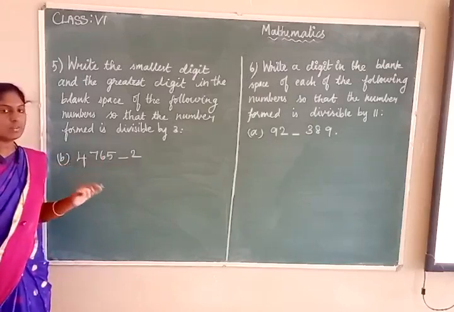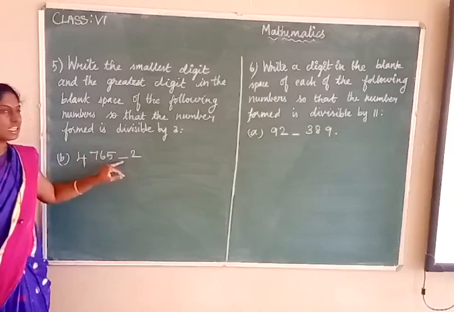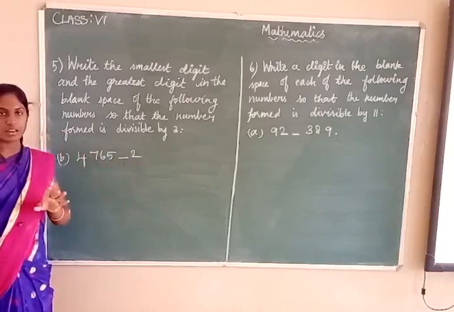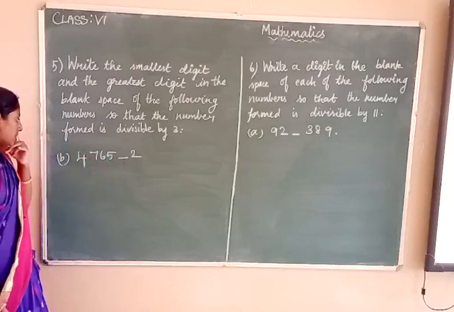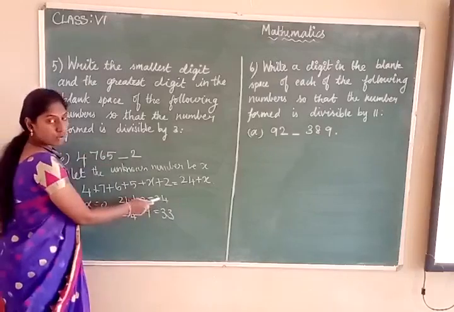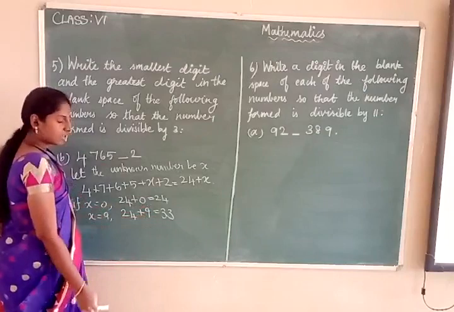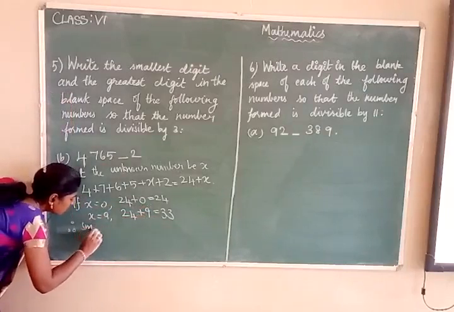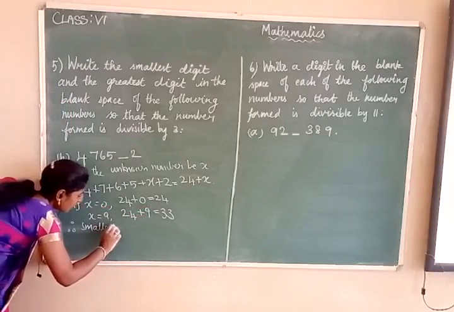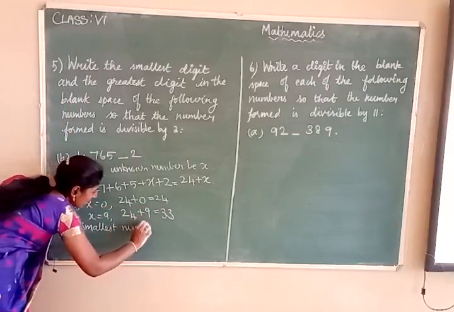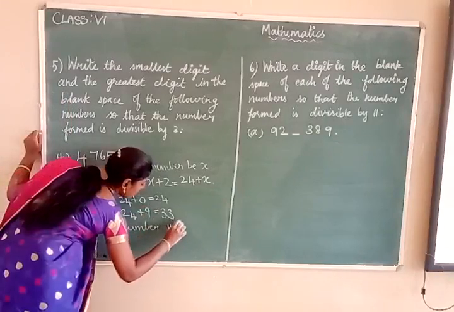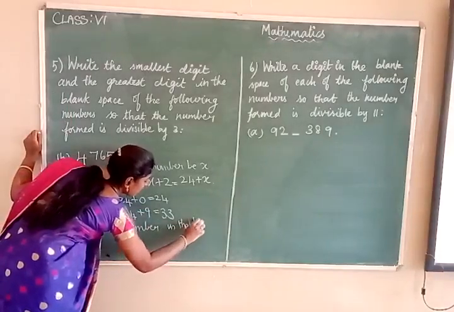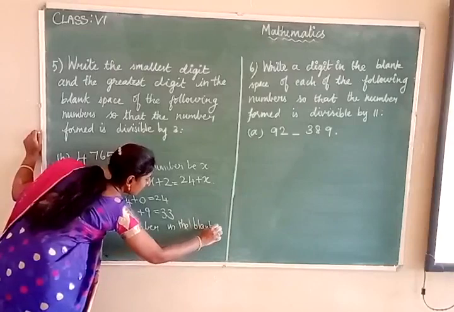This blank space can be filled only with a one digit number from 0 to 9. Yes or no? Yes. Both are divisible by 3. Therefore, the smallest number in the blank is 0.